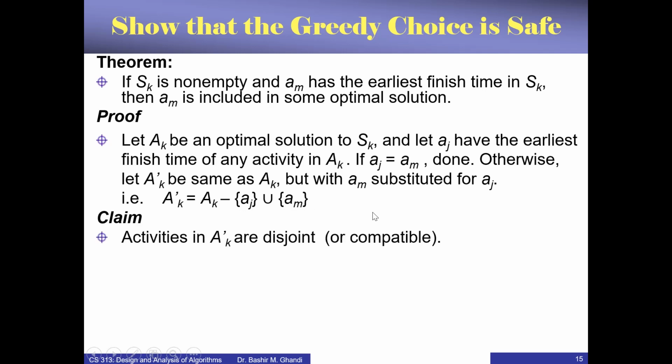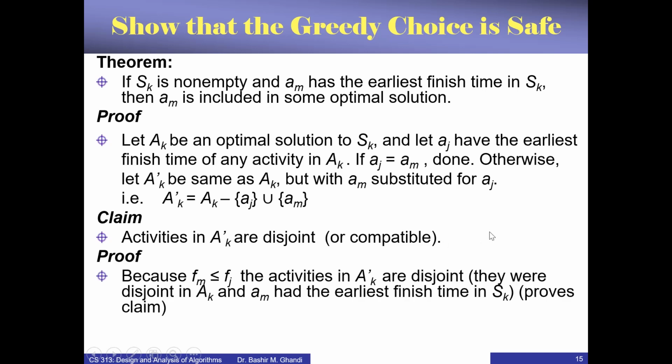Now we're going to claim that the new subset A prime K contains mutually compatible activities. In other words, the activities inside here are disjoint, or they are compatible. Proof.